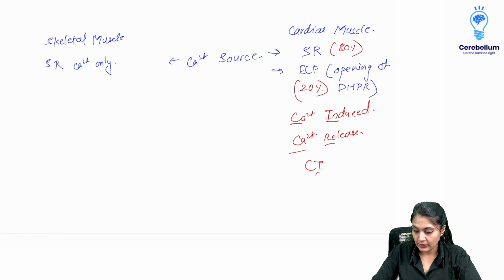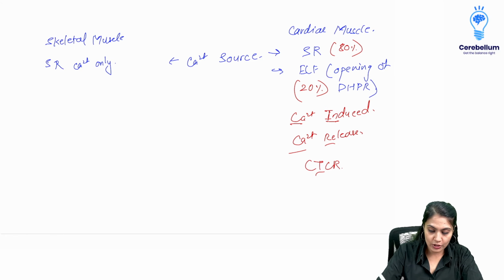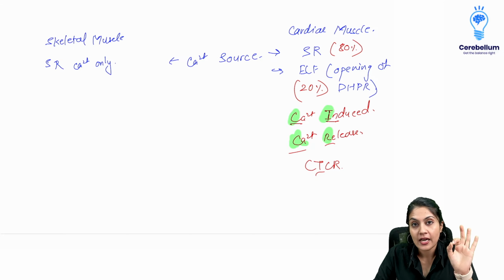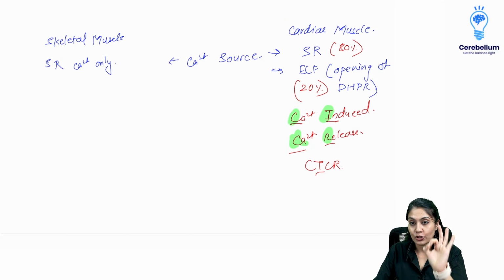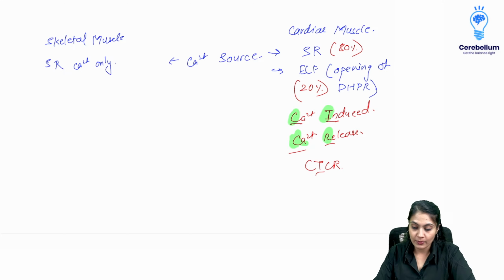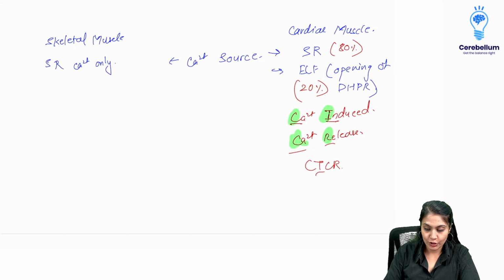Write down CICR. You write this point in your exam. The examiner will be super happy. So CICR is nothing but the calcium induced calcium release that is seen in the cardiac muscle. It is also seen in the smooth muscle, but it will never ever be seen in the skeletal muscle. Please remember.